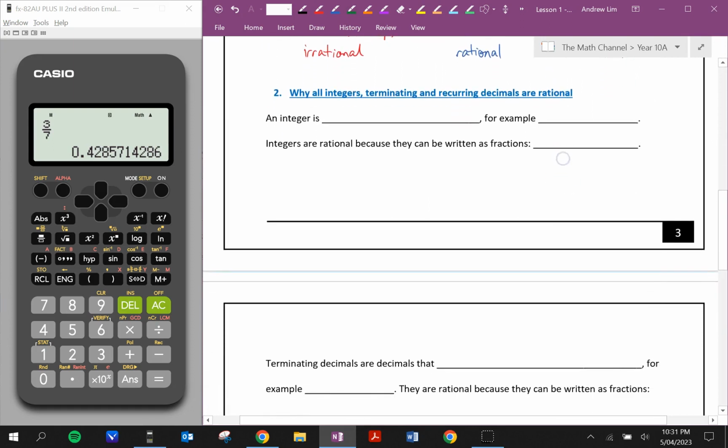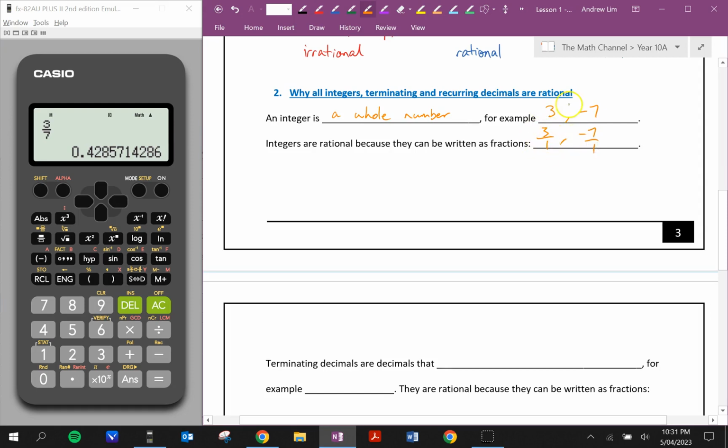So all integers, terminating and recurring decimals are rational. An integer is a whole number. It can be positive or negative. For example, let's just say 3, -7. Now, integers are rational because they can be written as fractions. 3 over 1, -7 over 1.